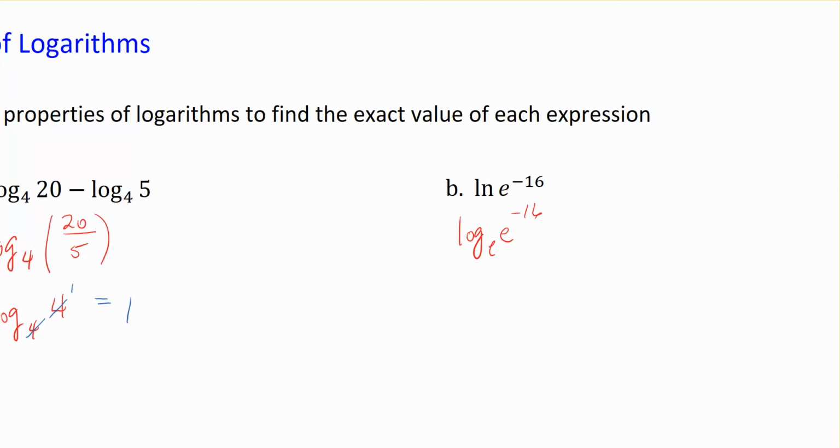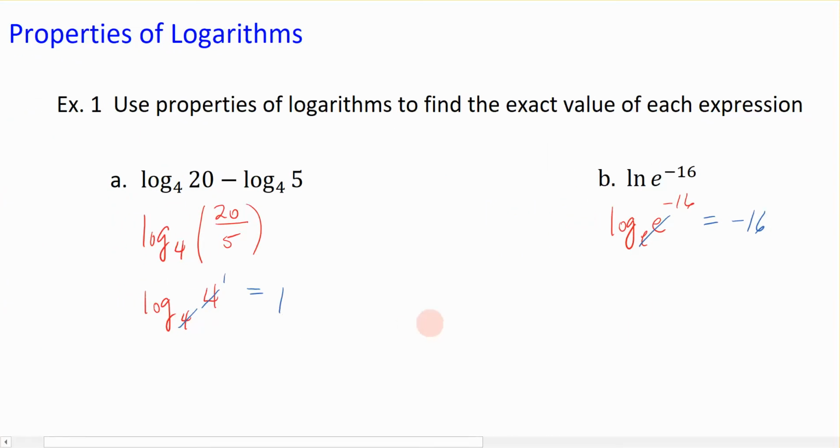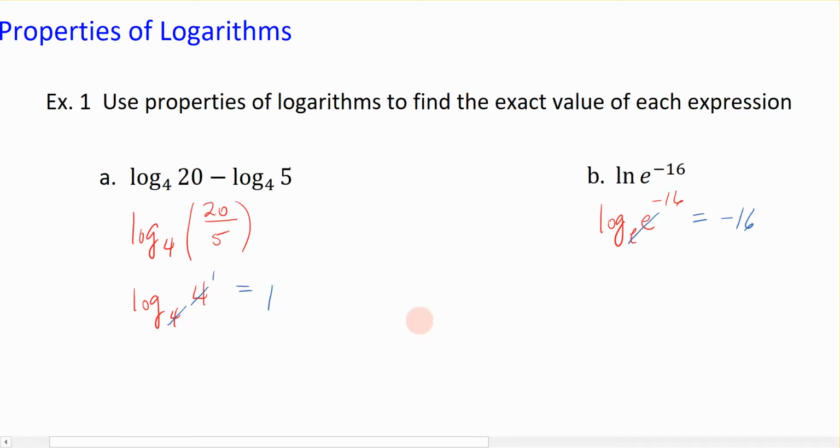Again, using the inverse property, when I have the base of the log and the base of the argument the same, that's equal to the exponent of negative 16. Okay, so that's how we can use properties of logs to find the exact value of each one of our expressions.